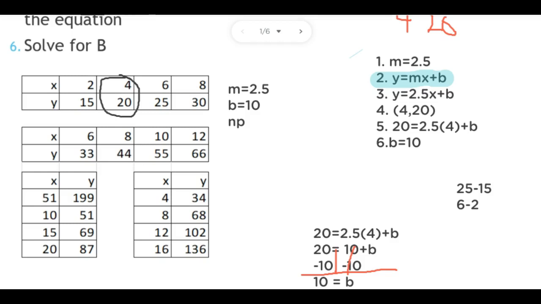So we know what m is now. We know what b is now. So our slope-intercept equation, we're just going to replace the m and b and put it in there. So that will become y equals 2.5, which is our slope, x plus 10 is our b. This is what I'm looking for in this assignment, these 4 things.